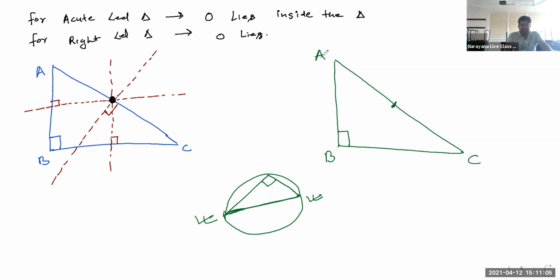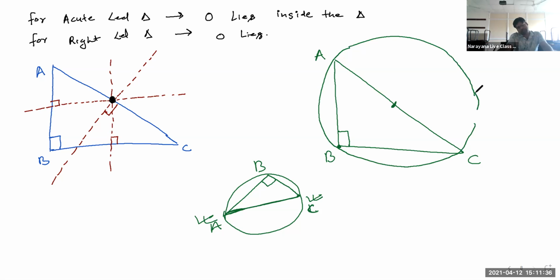So if you draw AC as diameter, then B must lie on that circle, because at B, taking this point as A, this as point C, and this as point B, 90 degrees is formed. So if you draw a circle taking AC as diameter, then that circle will pass through B. So this is the circumcircle.